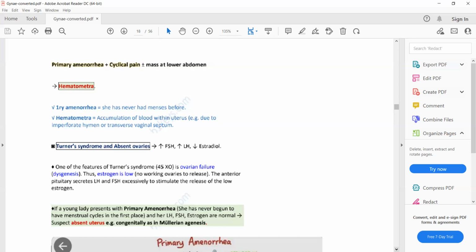So now how to differentiate between these causes? First of all, we will discuss how a patient of outflow tract obstruction will present to you.